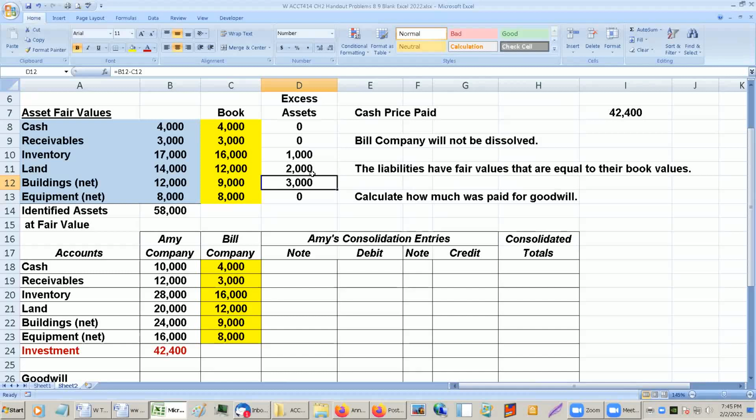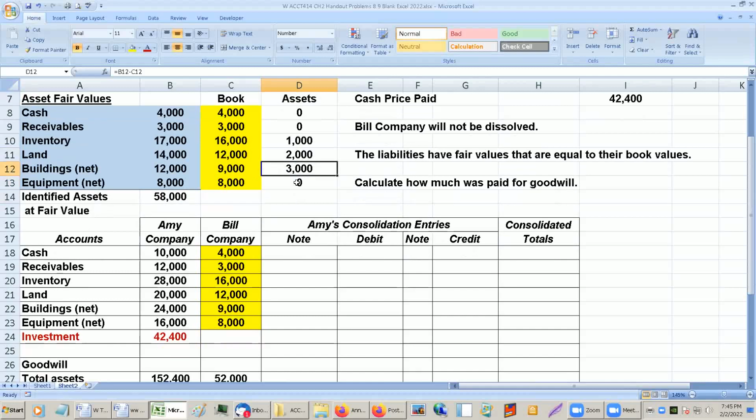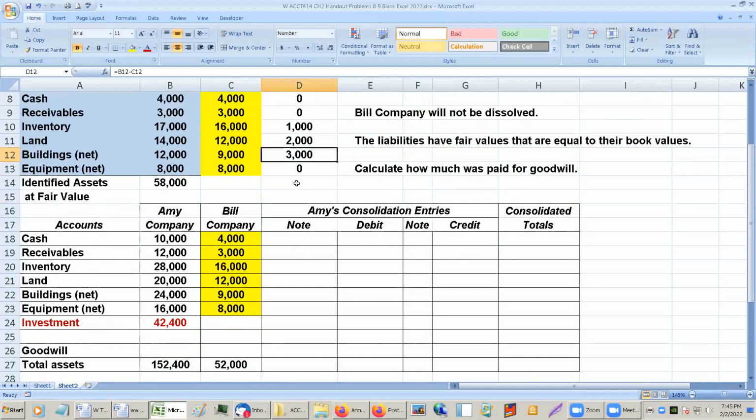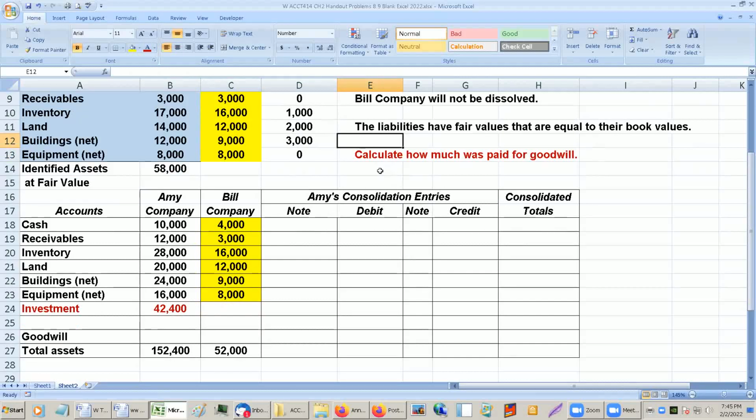Okay, the excess assets are 6,000. Okay, a new twist to this one. Calculate how much is paid for goodwill. All right, so we identified assets at fair value.